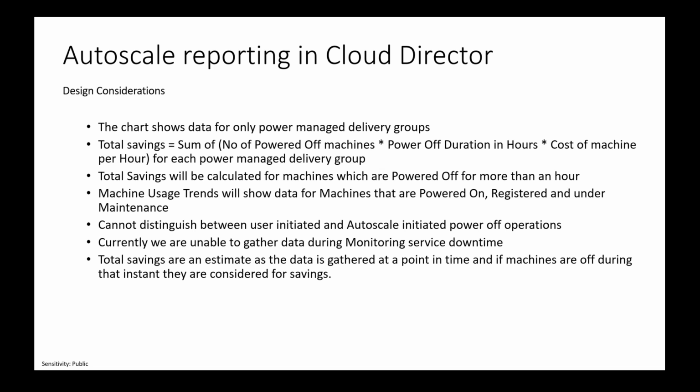And the savings is just what you think it is. It's that number of machines that are off by the cost per hour of machine where it's been saved. So very, very sensible and allows you to really see and understand what you're saving, how you're saving, and why you're saving it based on the instance types you have selected.